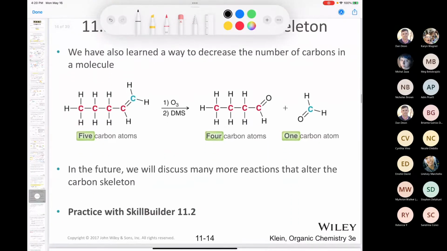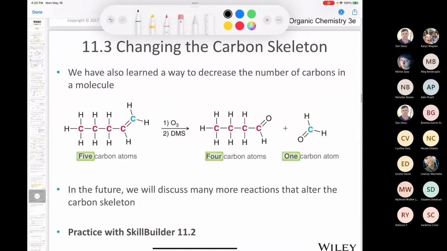As far as decreasing the number of carbons, the only way that we have is to use ozone, whether that be with an alkene or an alkyne. Remember that when we're dealing with an alkene, we use ozone followed by DMS. And when we use an alkyne, we use ozone followed by water. So it's slightly different.